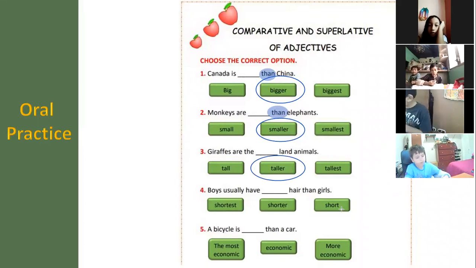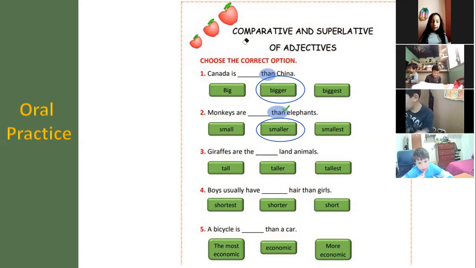Taller is used when the sentence doesn't have the word "than". Look, Diego, the sentence doesn't have this word. So that's your clue word to use ER, taller. So the answer is this one.